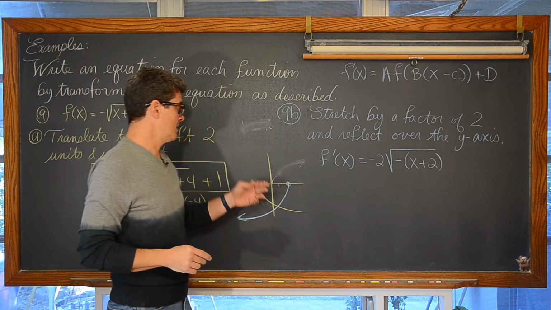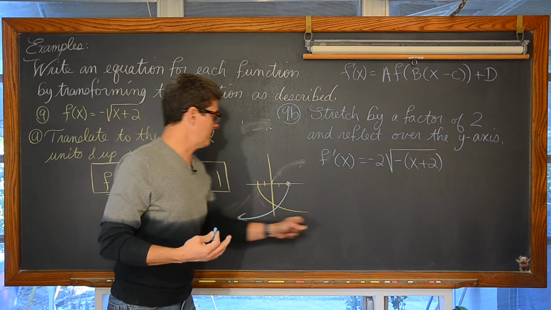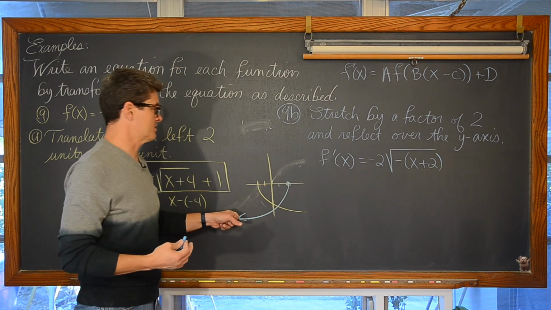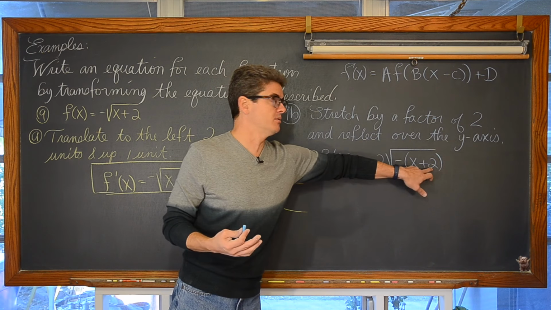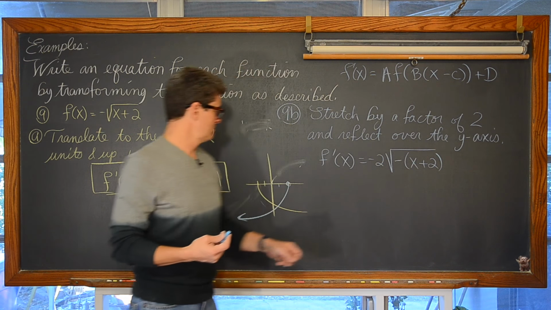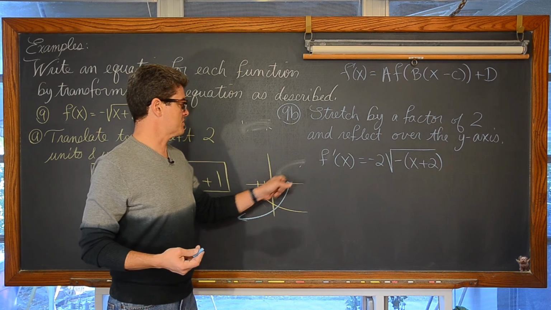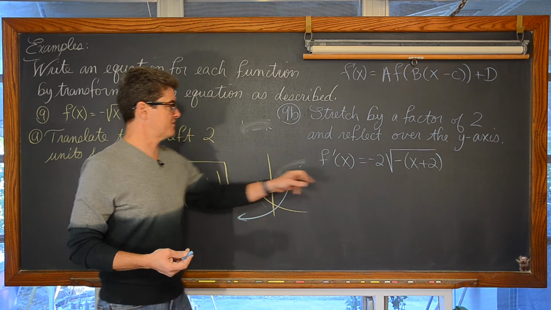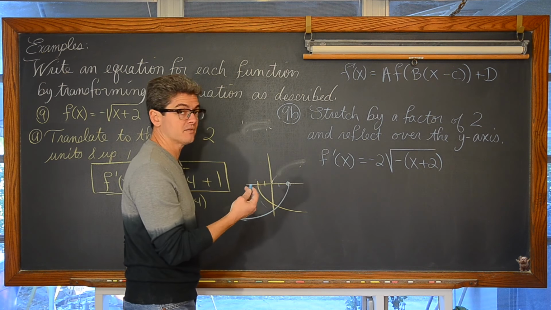Instead of the standard square root function going towards the right, I want it going to the left. Well, that indicates that. But this plus 2 shows that from my original parent function, take that square root function, reflect it over the y-axis, and shift it to the left. But I don't need it to start at -2. I need it to start at +2.